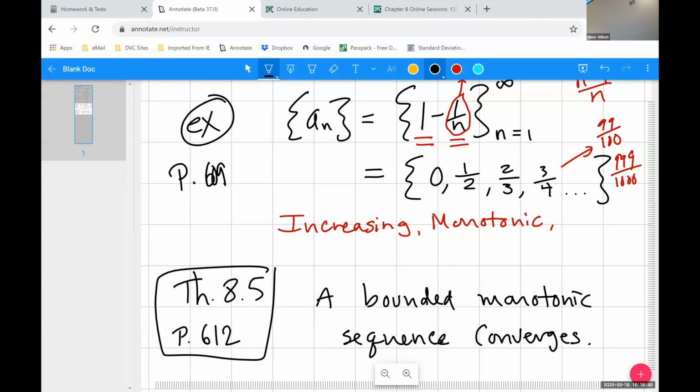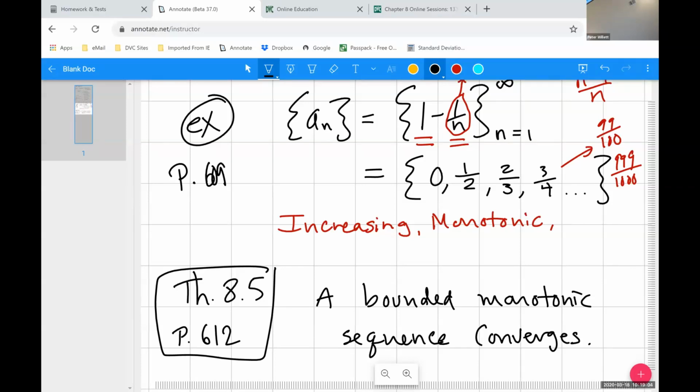It must converge to some number. You cannot keep increasing and be bounded without settling on a value. At some point, you have to pick a number and get infinitely close to that number. That's the idea. This is a very, very powerful theorem and will be used moving forward conceptually when we want to draw conclusions about whether there's a limit of something.